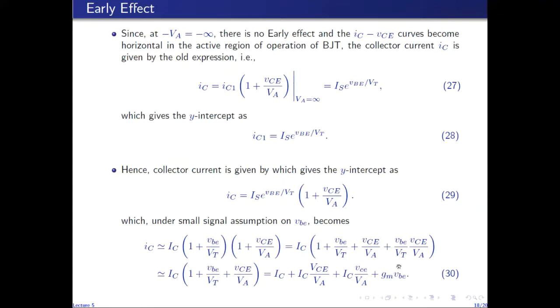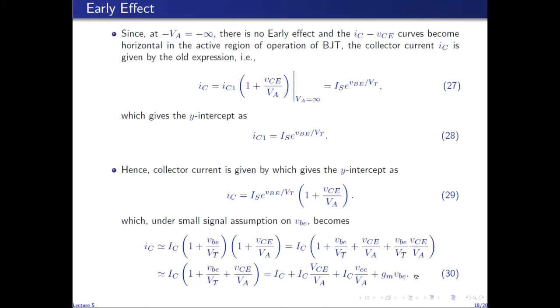But we can neglect this term, because small VBE over VT is already much smaller than 1. And then this VCE over VA term is also typically smaller than 1, except for the case when VA is small.